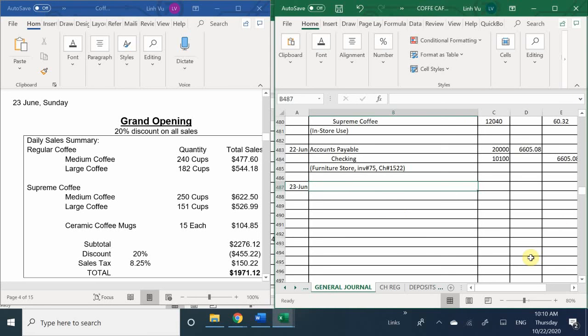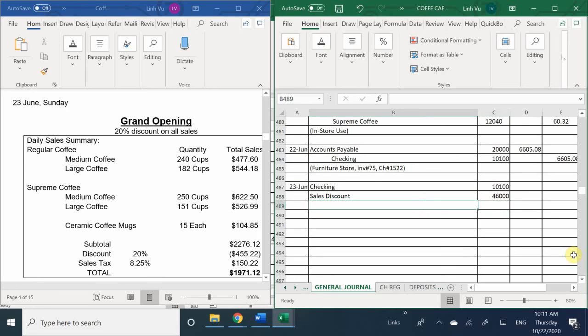So we sold some coffee. We need to do checking 10100, with the reference account number. Then sales discount debit, and that's 46,000.